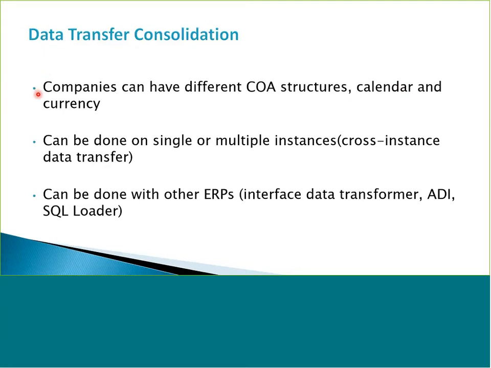Basically, it can be done for companies that have different 3Cs. There are ways that allow us to harmonize this information between companies that have differing 3Cs, so that we can do consolidated reporting.